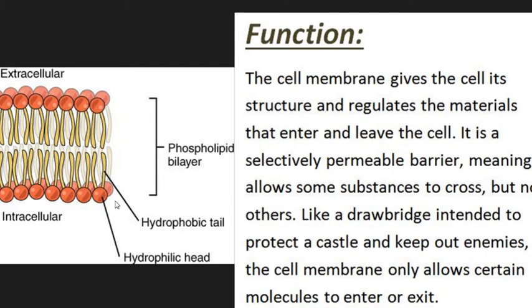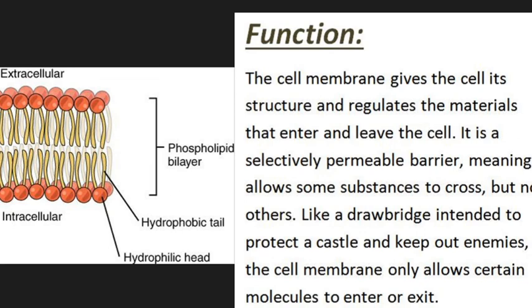The second most crucial function of a cell membrane is that it regulates the entrance and exit of materials. It allows only certain substances to enter and exit the cell. So you can say it is a guard, a wall which only allows certain people to enter the cell.